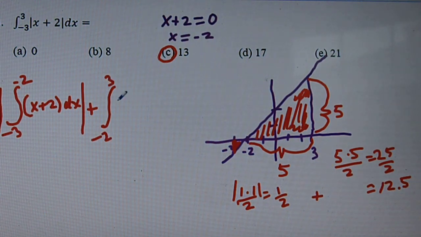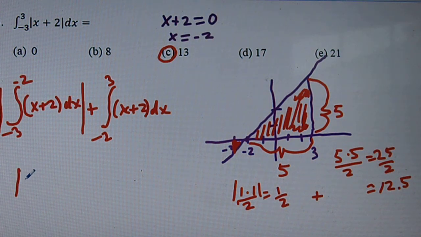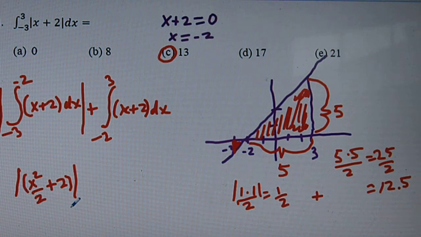So analytically, we could work this out as well. To do that, we would have the absolute value of x squared over 2, taking the integral, plus 2x, from -3 to -2, the absolute value of that. So I have absolute value brackets around all this.